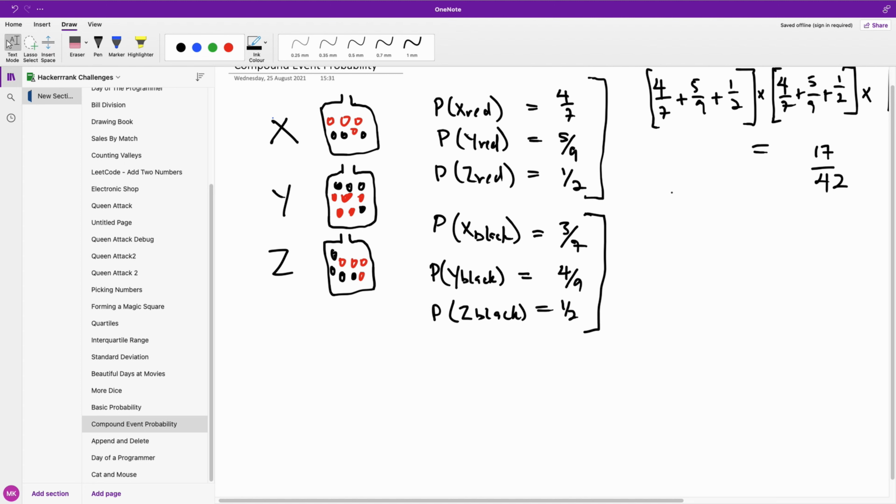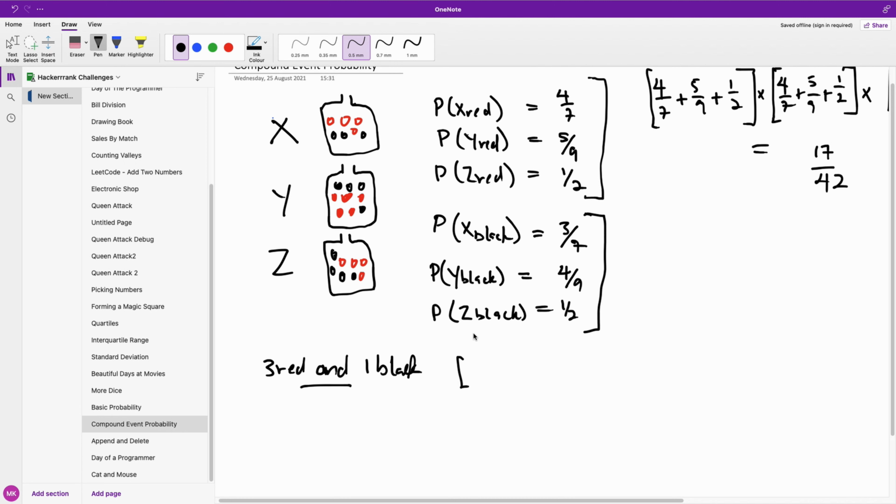Let me just show you another way to solve it. Another way is to say that the probability that 2 balls are red and 1 black is going to be, we lay out our sample, our event space. We're going to have this set of events.